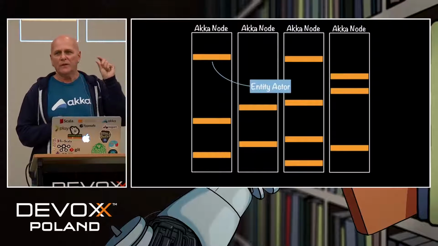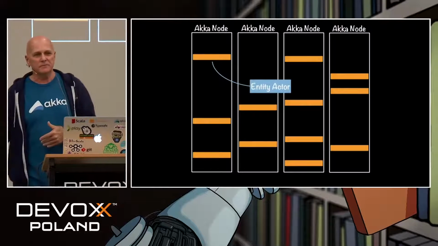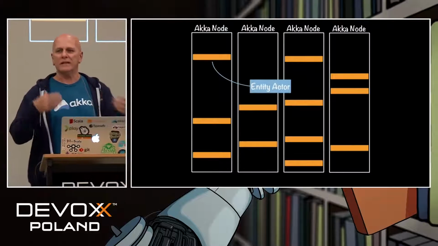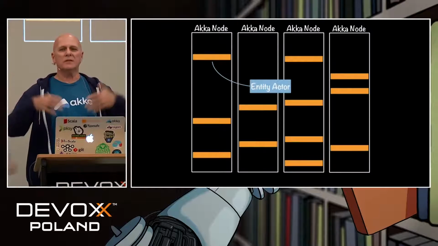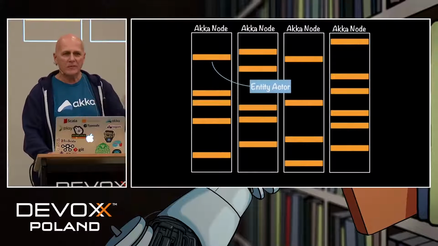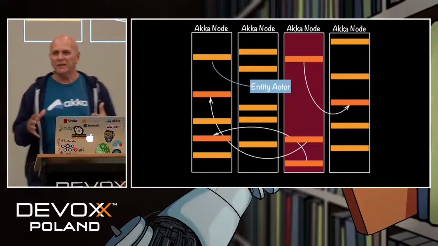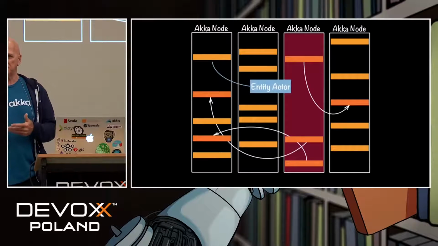And when those actors stop getting commands, they get bored and shut themselves down, to free up resources. So it almost acts like only the actors that are in play are in memory. Once they're not in play anymore, they go away. So more commands come in, more actors get created. But the cool thing here, and this is one of the big payoffs, is that say one of the nodes goes down.